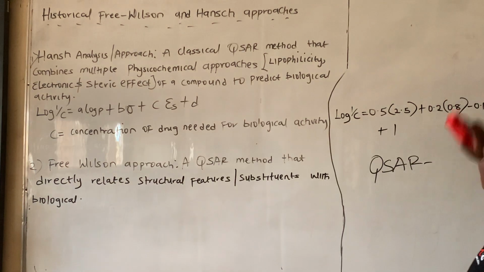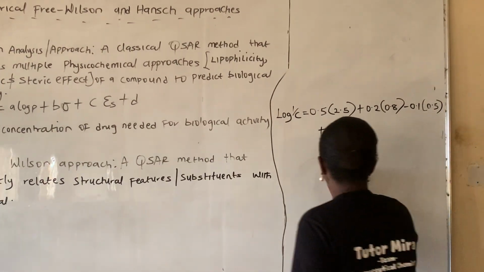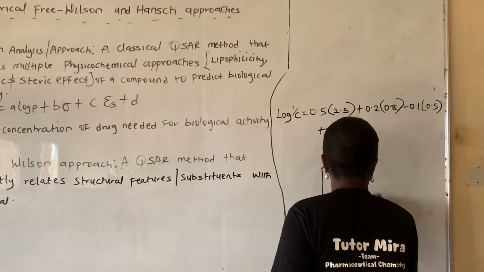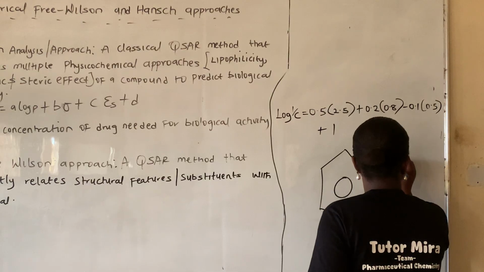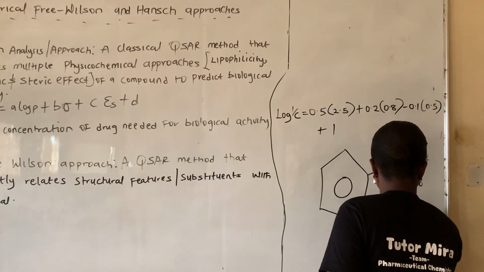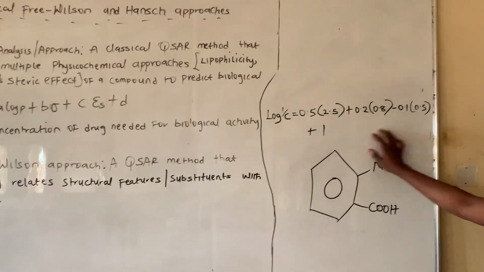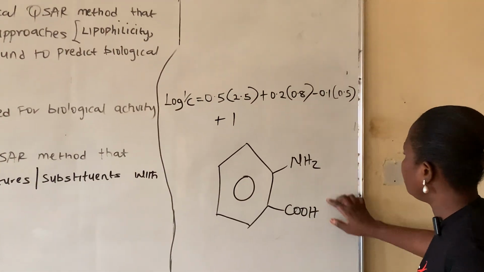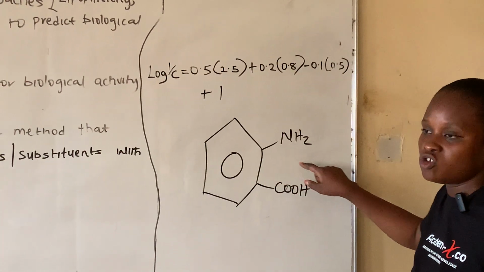And we know that you can modify a lead compound. I'm using this as an instance. Let's say this is a drug molecule. This is a lead compound. If this is a lead compound, you can modify these compounds by maybe checking out how the lipophilicity is affecting the biological effect.